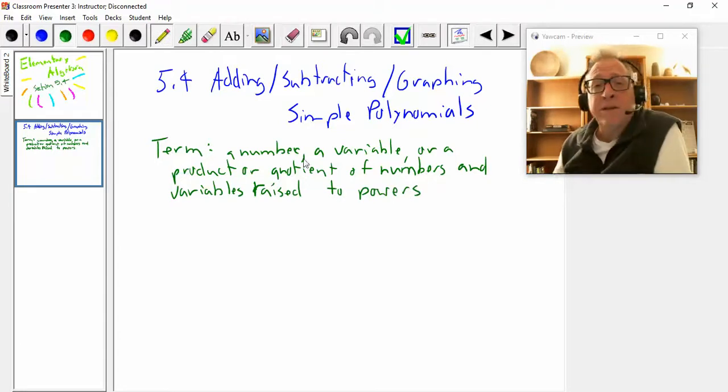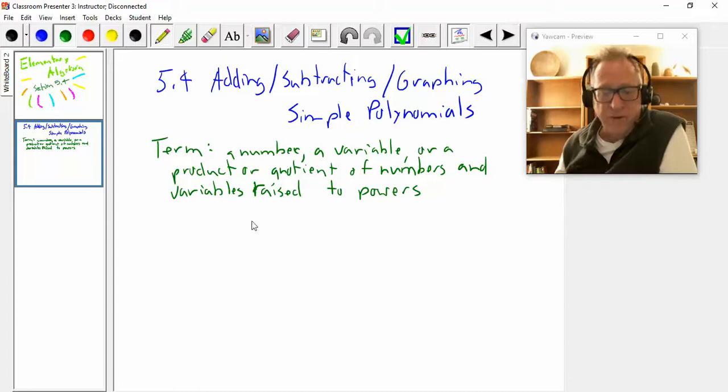A term is either a number, a variable, or a product or quotient of numbers and variables, and those variables are raised to powers. Okay, so let's look at an example.